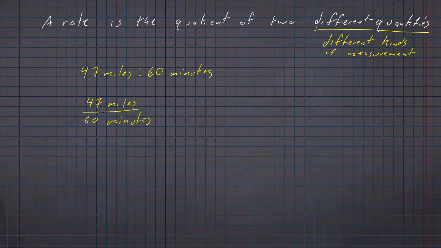But I can take 47, I can divide by 60, I can get a decimal number that looks something kind of like 0.783. And when I have miles divided by minutes, to talk about that in units, we use the word per.